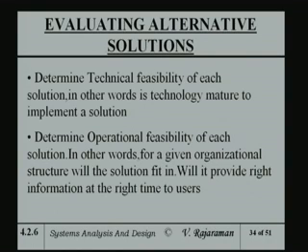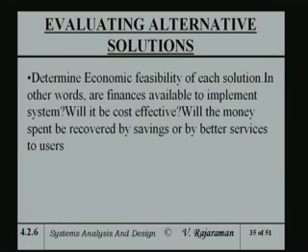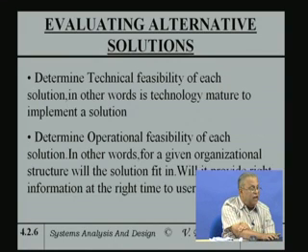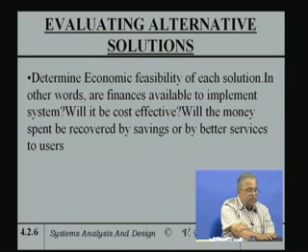Will it provide the right information at the right time to users? This is the operational feasibility. And the economic feasibility, that is, whether it will be cost effective, will the money spent be recovered by savings or by better services to users. Okay. So, there are 3 kinds of things, as I said. One is technical feasibility, operational feasibility, and economic feasibility.